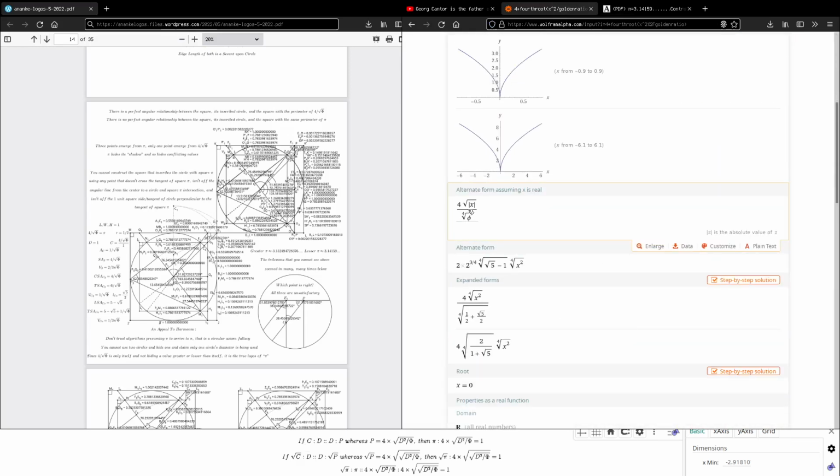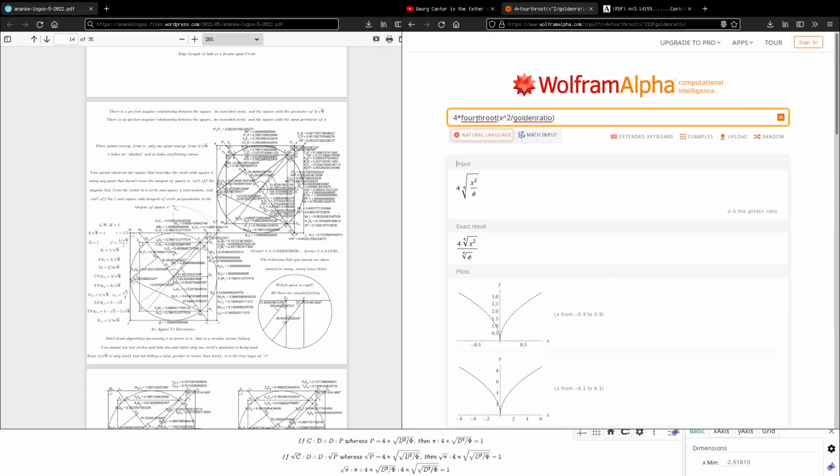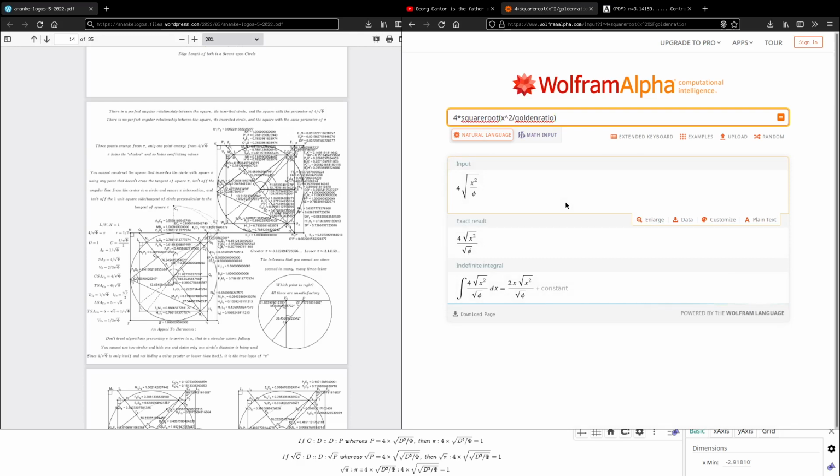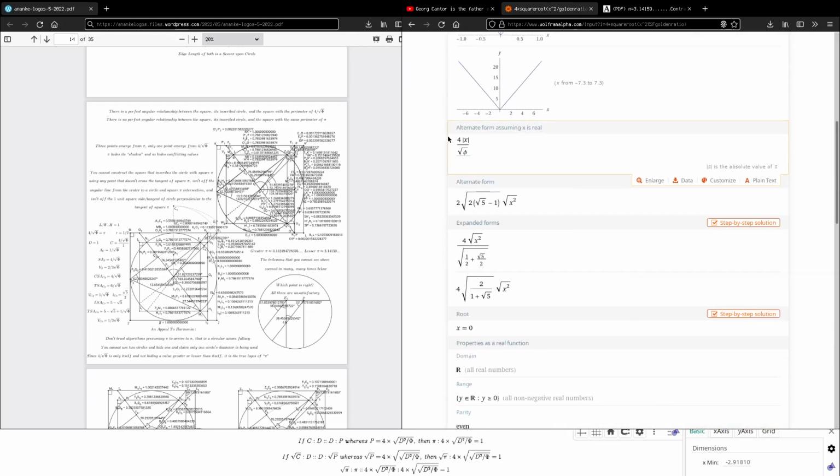So this is what it would look like for the square root of pi. And if I just change this to square, it will look like this value.